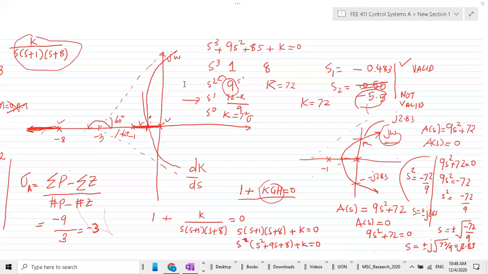There is a method where you can get this point, the breakaway point, without going into the trouble of dK over dS. And also there is a way you can get this without using this table.